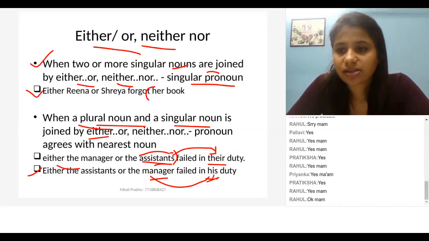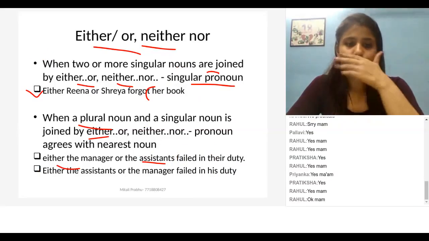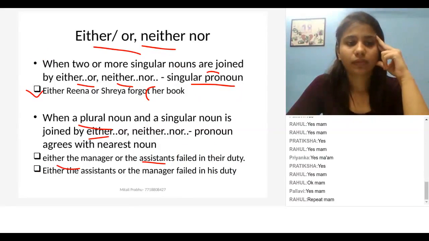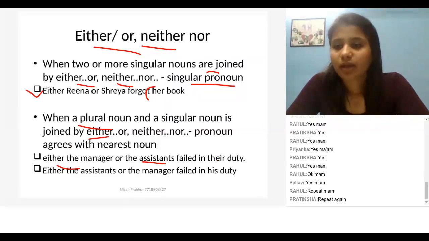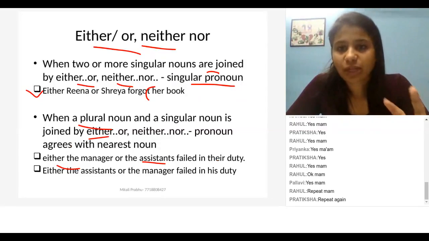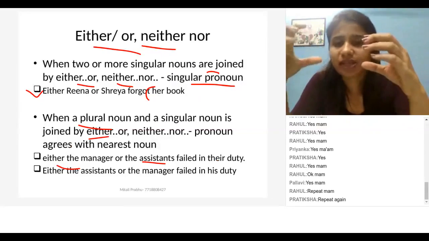Did you all understand this, or do you want me to repeat it? Okay. So when do you say either? When you have two things and you have to select one thing out of it, you say either.